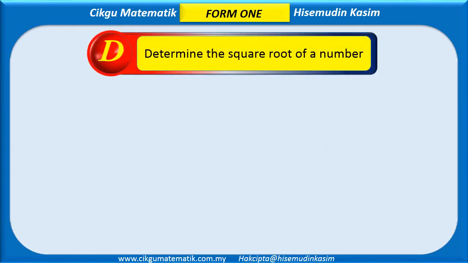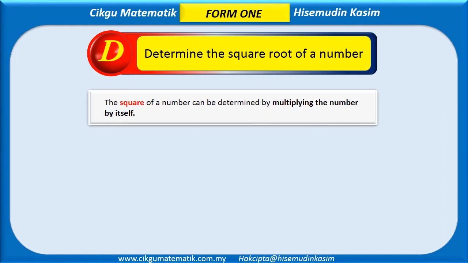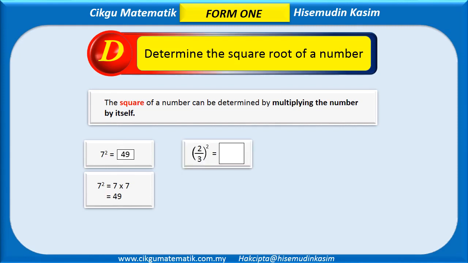D. Determine the square of a number. The square of a number can be determined by multiplying the number by itself. 7 squared equals 7 times 7 equals 49. 2 over 3 squared equals 2 over 3 times 2 over 3 equals 4 over 9.